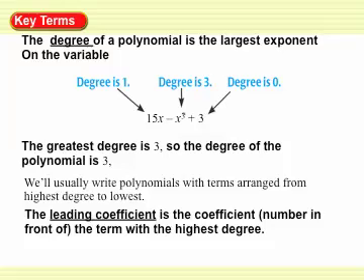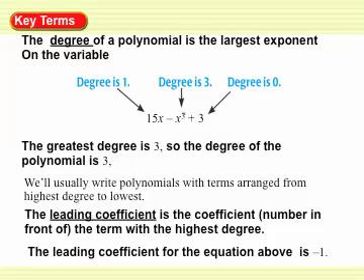When we write our polynomial with the terms arranged from the highest degree to the lowest, the leading coefficient will be the very first coefficient in that series of terms. The leading coefficient for the equation shown above is -1, because the middle term, x cubed, has the highest degree, and the coefficient on it is -1.